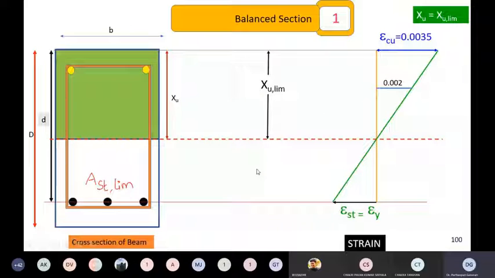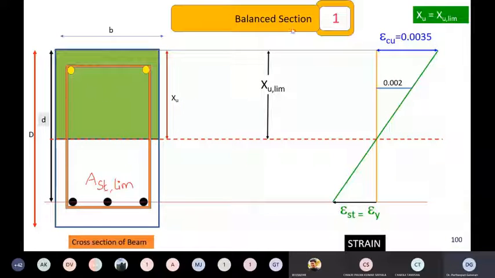Is there any doubt in this balance section? Balance section means what? In other words, the concrete and steel will fail simultaneously, because we assume that as soon as steel starts failing, we say that steel has failed, and concrete and steel are getting failed simultaneously.